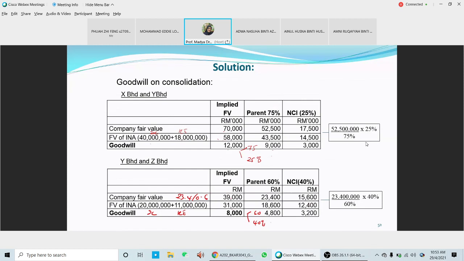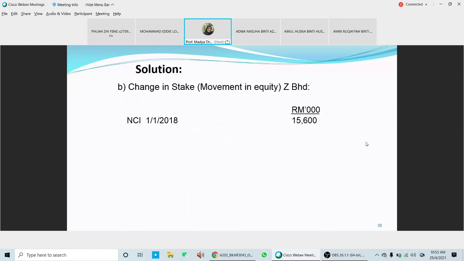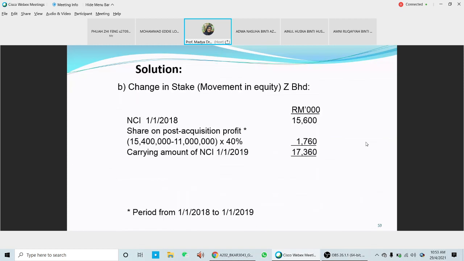Okay, proceed now. So prepare this one, we're going to look at the changes in stake. Changes in stake here is a movement in the equity. Here the parent X bought additional shares in Z, 20%.